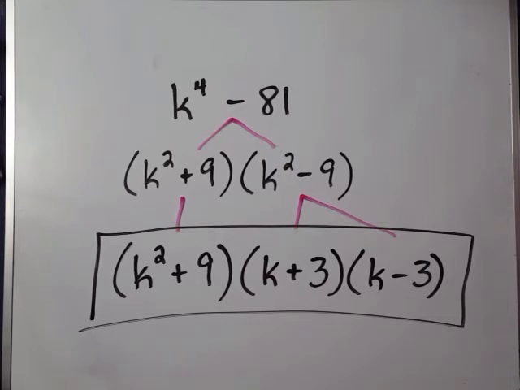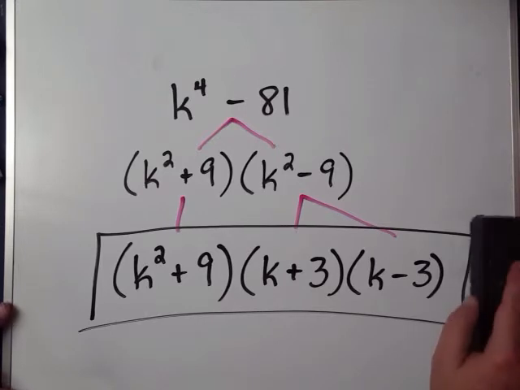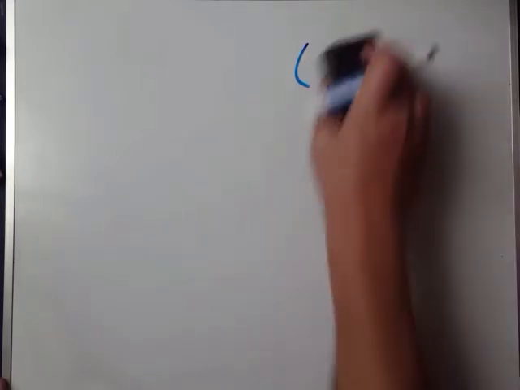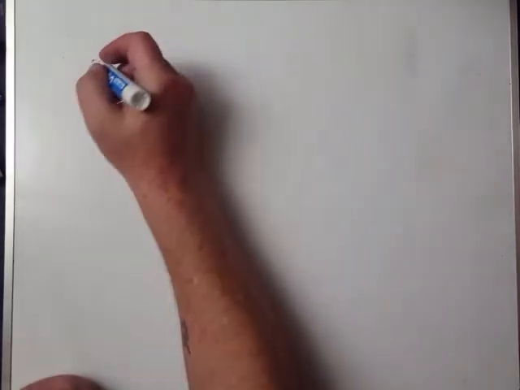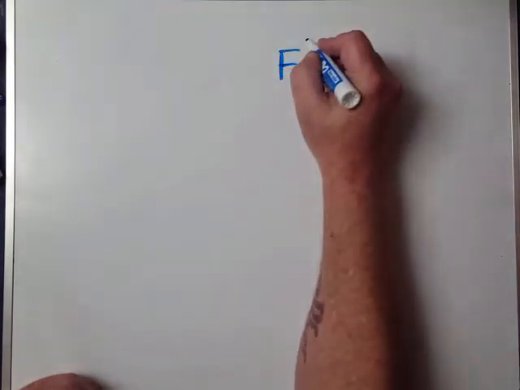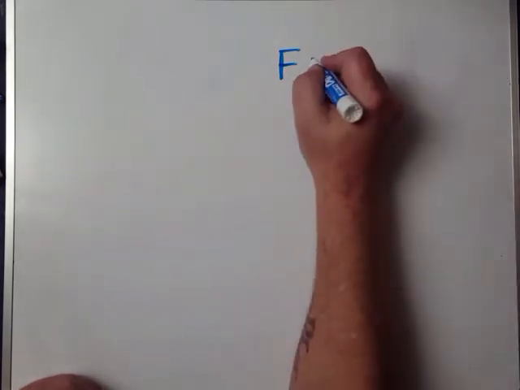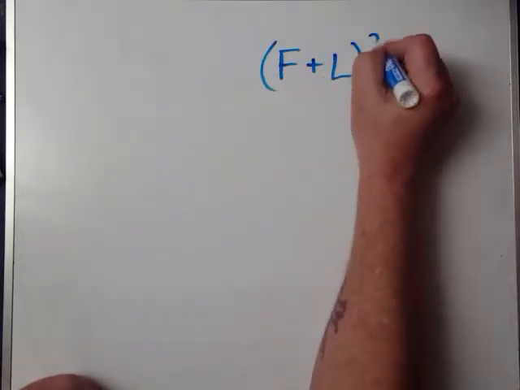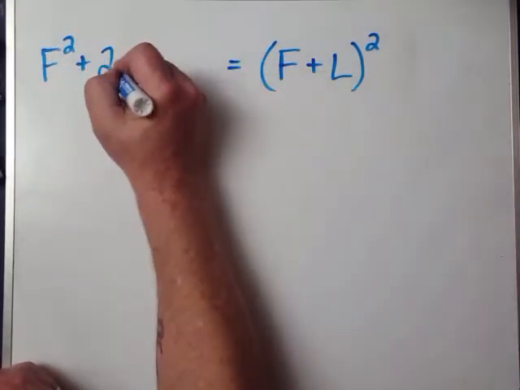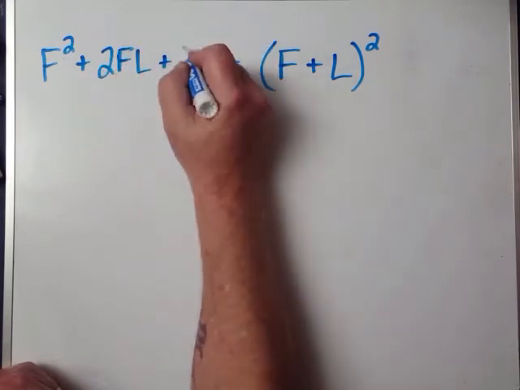So that's a difference of squares. There was another rule back in section 4.6 which said if I have the square of a binomial and multiply that out, it will result in the first squared, in this case plus, double the first times the last, and plus the last squared.